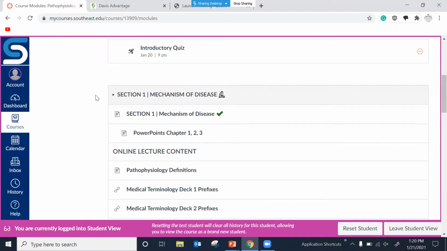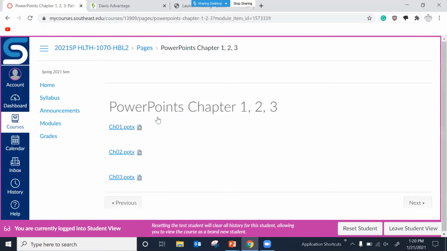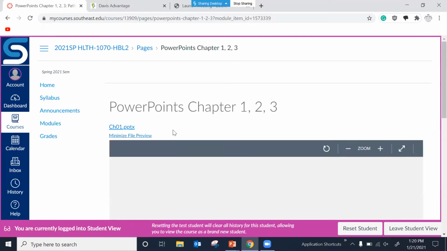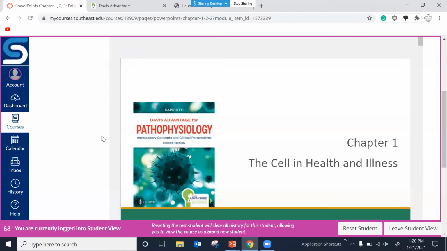Under the section 1 module, I did throw the pre-canned chapter 1, chapter 2, and chapter 3 PowerPoints. And we're going to just talk through at least chapter 1 and 2 today real quickly.